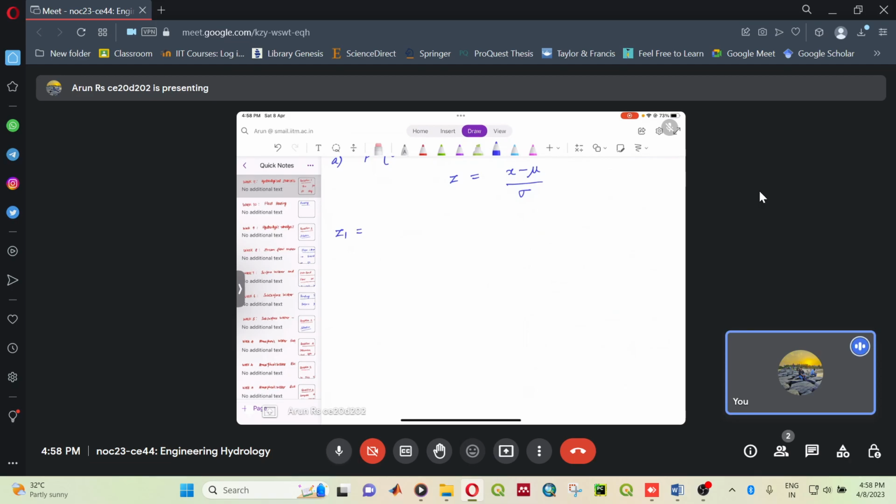Z1 corresponds to 6000. So 6000 minus mean, 5651, divided by standard deviation, 1066. This gives us a Z value of 0.327. And we'll compute the Z2 also. 7000 minus 5651 divided by 1066, that gives us 1.265.